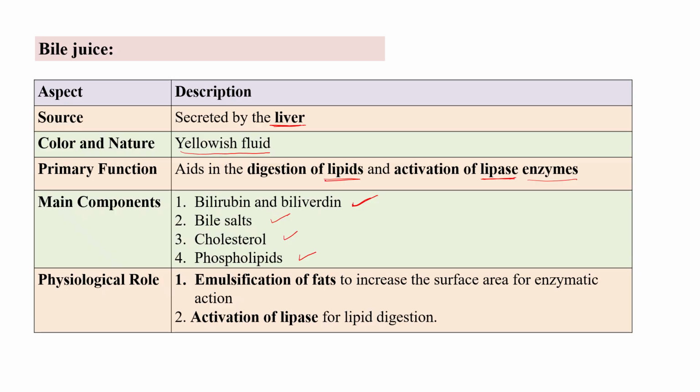And its physiological role is that it emulsifies fats, that is, it breaks down larger fat particles into smaller particles, increasing the surface area for enzymatic action. And the lipase enzyme is activated, which aids in lipid digestion.